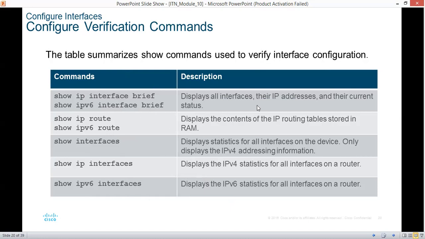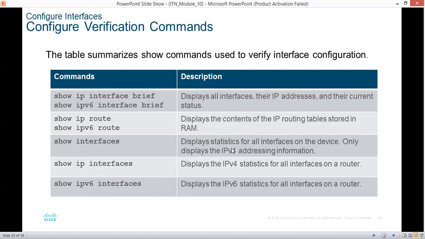Like the first one is to display all interfaces, their IP addresses, and their current status. While the second one is to display the content of the IP routing table that is stored in the RAM. And remember, when we say stored in the RAM, we're talking about your running config. Your running config is on the RAM, and then your startup config is on the NVRAM.